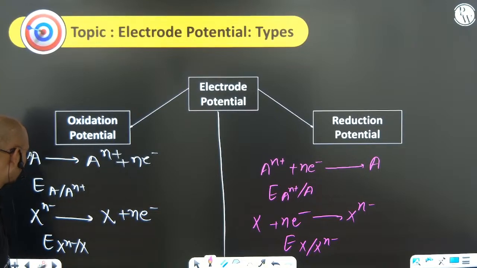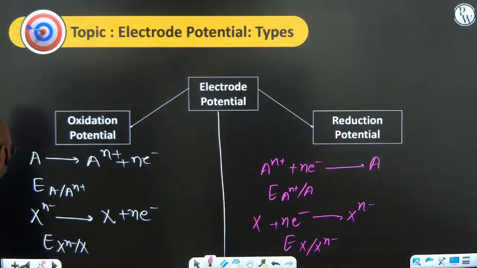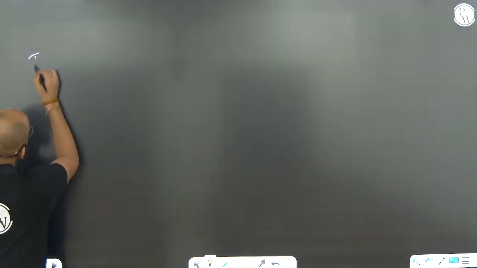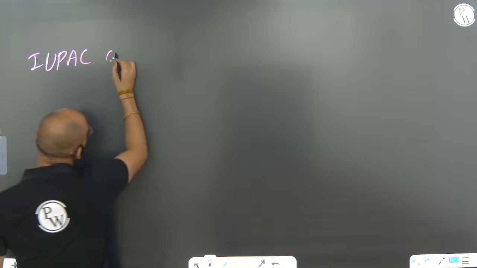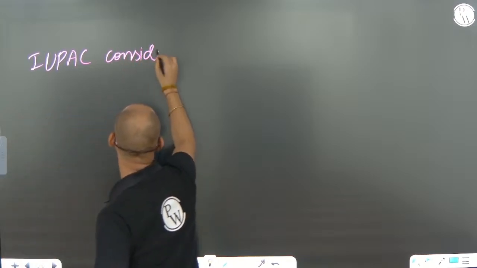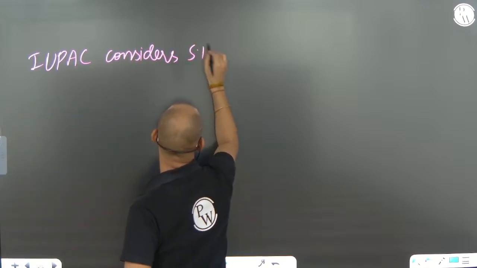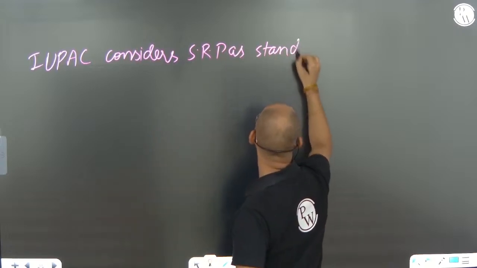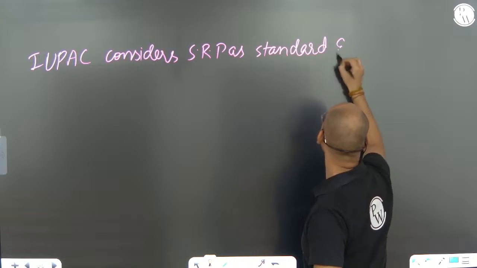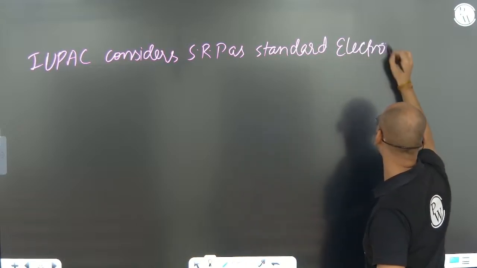But as a rule, we have to always remember that IUPAC considers SRP as standard electrode potential.